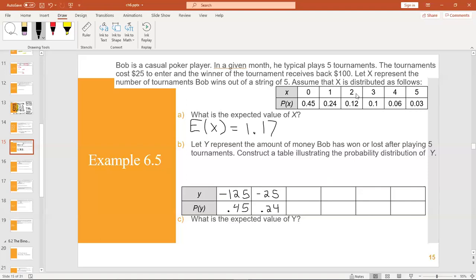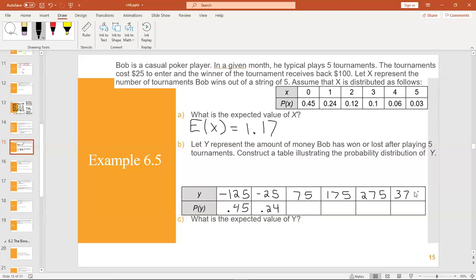In the meantime, we keep adding 100 because each time this number goes up, that's one additional win that our friend Bob is getting. So $100 from where we left off. Add that up, that'll be 75. Then you'll have 175. Then you'll have 275. And then finally, it'll be 375.